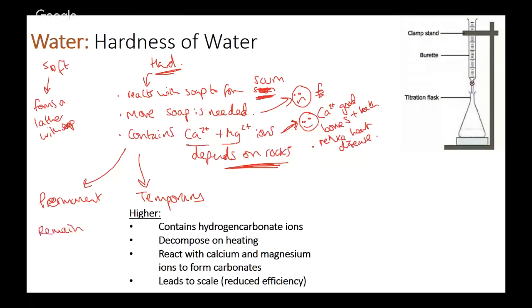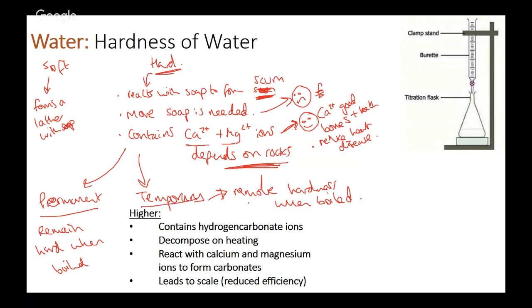So it will keep those calcium and magnesium ions in there. However, with temporary hard water, you can remove the hardness, so it will go softer when boiled. So for foundation, you need to know those two differences, but for higher, you need to know in a little bit more detail.